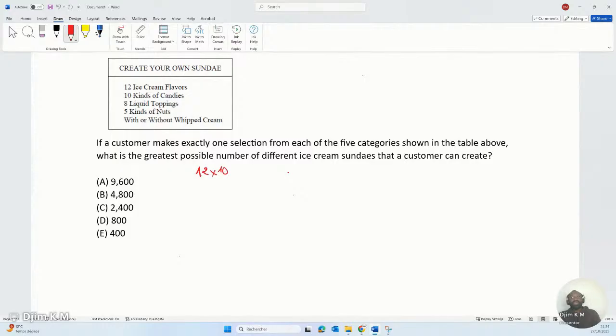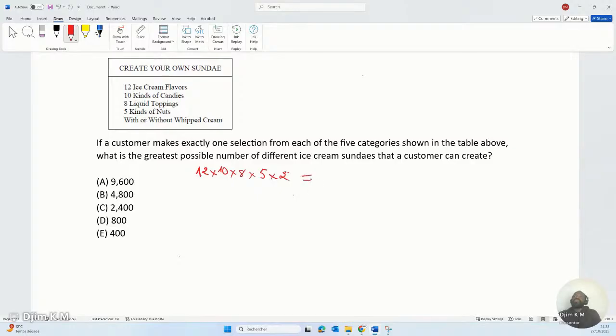That can also be combined with 8 different choices of liquid toppings, which in its turn can also be combined to 5 kinds of nuts. And here we have with or without whipped cream. So we have 2 choices, I think. It can be with or without cream.